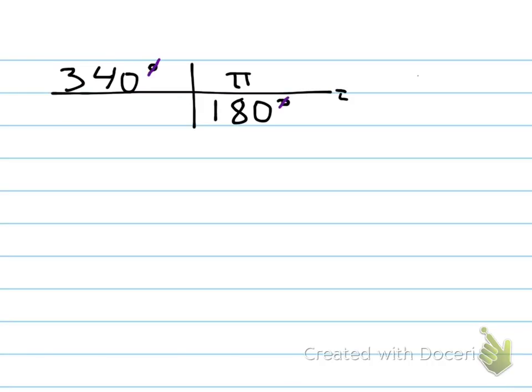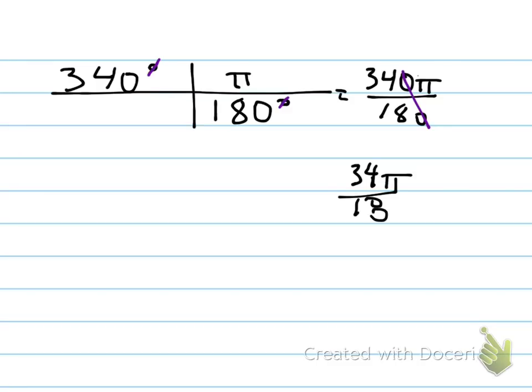My units reduce, and I have 340 pi over 180. Now we need to reduce. Divide our tens, and we get 34 pi over 18. Both of these are even numbers, so if I divide by 2 in the numerator and denominator, you get 17 pi over 9 radians. So there we go.